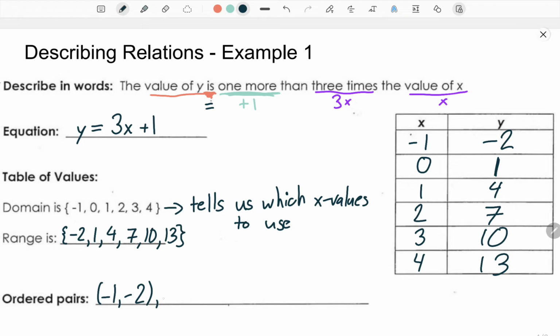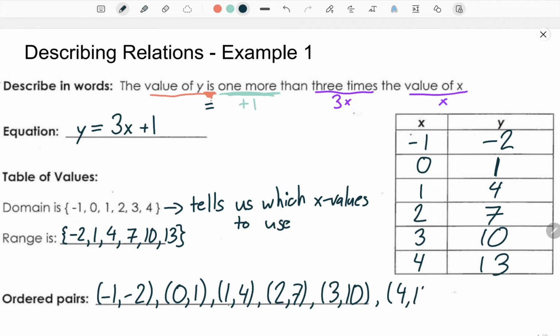That is the ordered pair. 0, 1, that's the next one on the table. 1, 4, 2, 7, 3, 10, and 4, 13. And again, remember when you're writing down ordered pairs, always in brackets, your x value, then your y value. And with those ordered pairs, you could graph those down to create a graph.